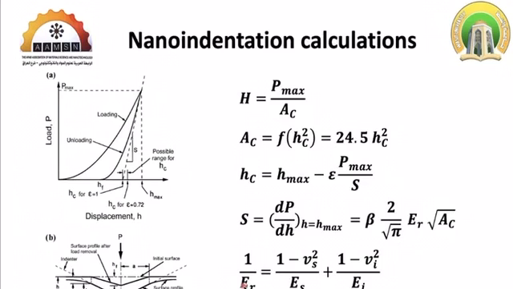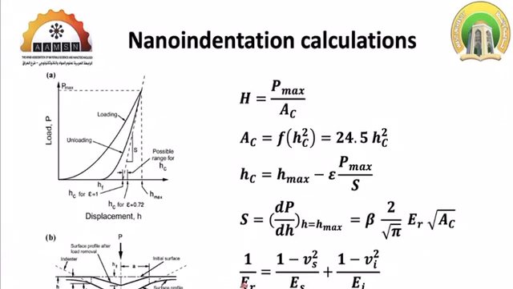There is no way to compare the results from this machine with others. If you do the test correctly, there is almost zero error in the results. Okay, this is the traditional nanoindentation test.